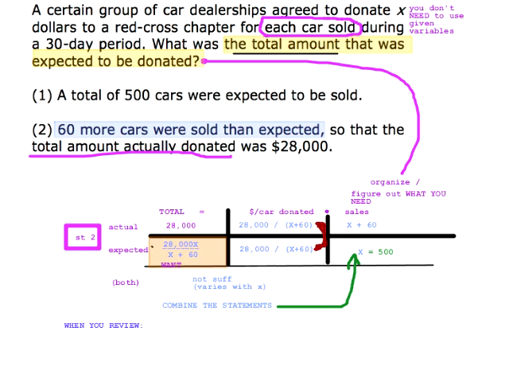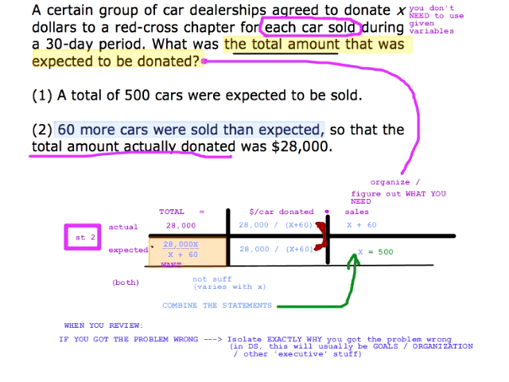If you got the problem incorrect, then of course try to isolate exactly why you got the problem wrong. In data sufficiency, this will usually have nothing to do with math. It will usually be goals or organization or other executive skill type stuff.